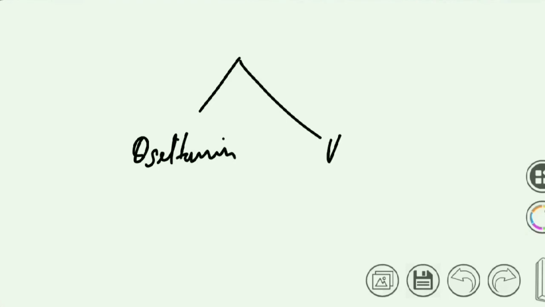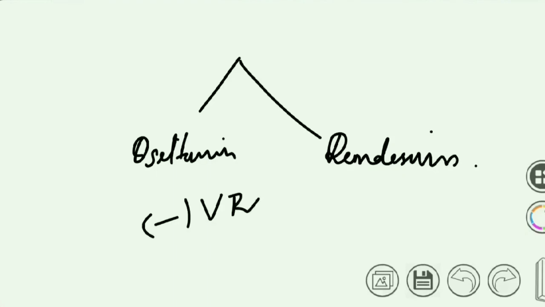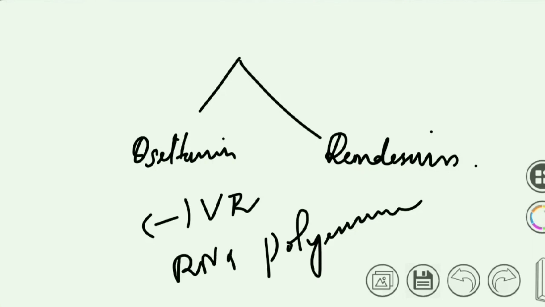So the antiviral drugs are oseltamivir and remdesivir. So these two drugs will be inhibiting your viral replication by inhibiting your polymerase enzyme. RNA polymerase enzyme is inhibited. Okay.